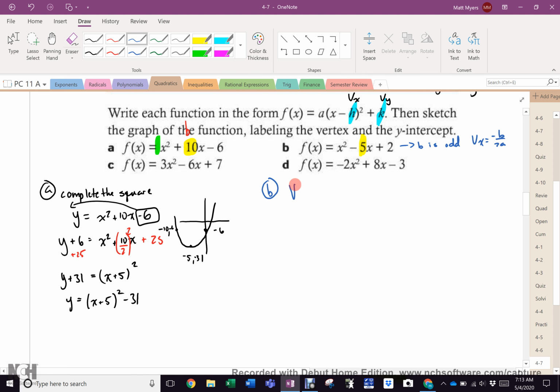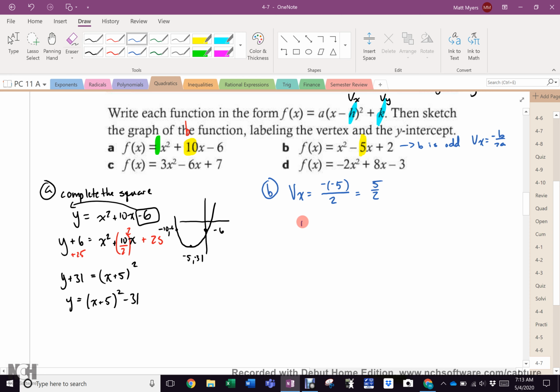So I come down here, vertex x equals negative b, which is negative 5, over 2 times a, which is 2. Now, that is, of course, positive 5 over 2. That is my vertex x value.